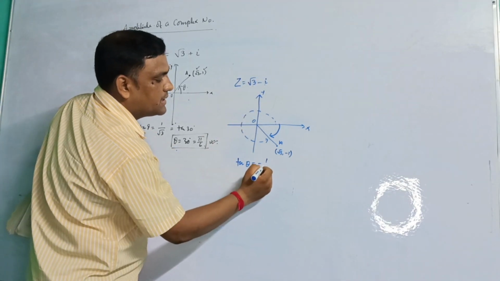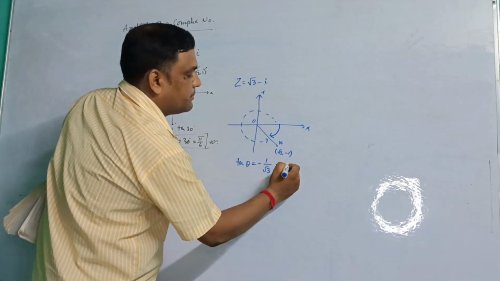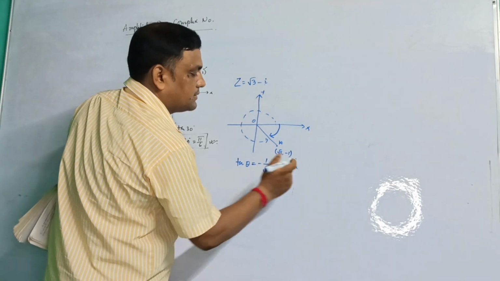Here tan theta is equal to y by x. What is your y? Minus 1. And what is your x? Root 3. So you can write minus of tan 30 degree.